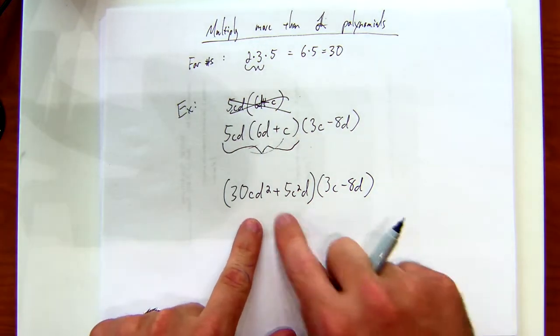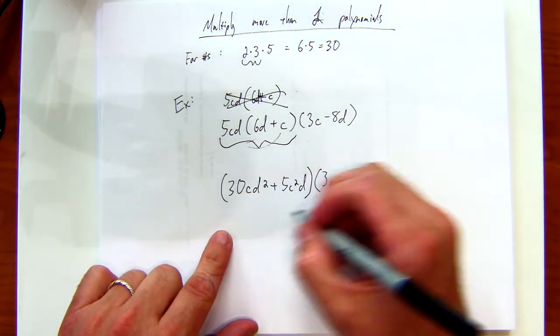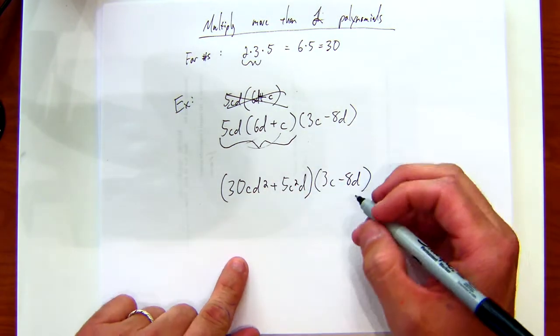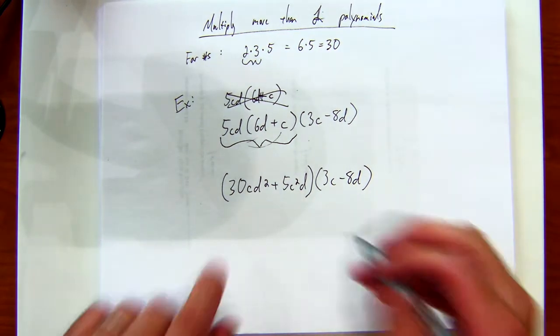Now I've got another polynomial multiplication problem. Multiply the binomials. Distribute everything. You can use FOIL if you like, but remember that's really just using the extended distributive property.